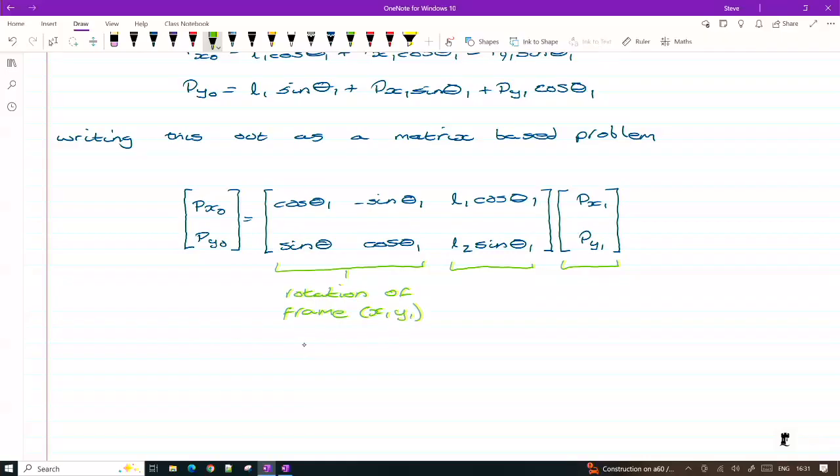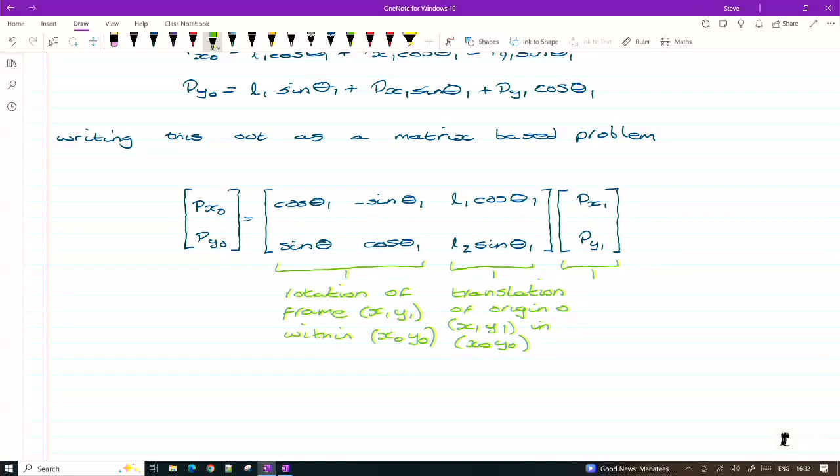X1, Y1 within X0, Y0. Vector then, so the 2-element column, is the translation, or describes the translation of origin of X1, Y1 in X0, Y0.